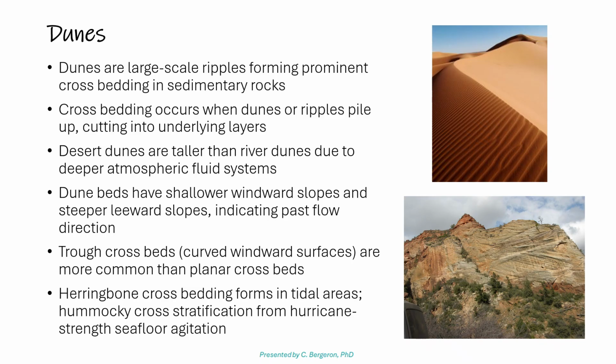So sediment grains are pushed up, pushed up, pushed up, and then you get to a certain angle that is reached by the sand grains where they won't go beyond. Once you get to that point, the sediment will get pushed down this slope.